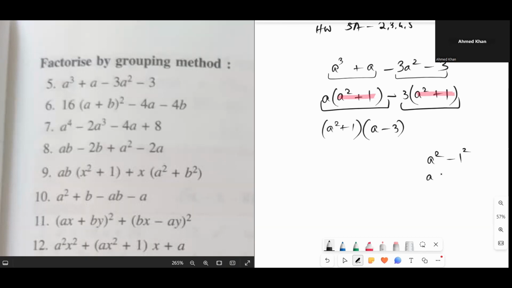It is a plus b into a minus b, the reverse order. So A plus 1 into A minus 1 it would have become if it was minus, but here it's plus, so we can't factorize this any further. This is your answer. Is that clear?